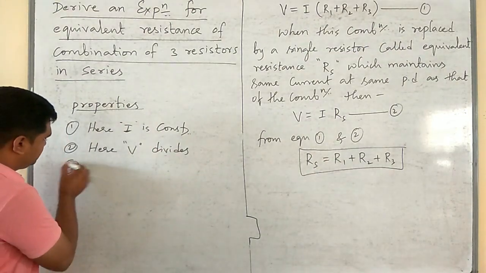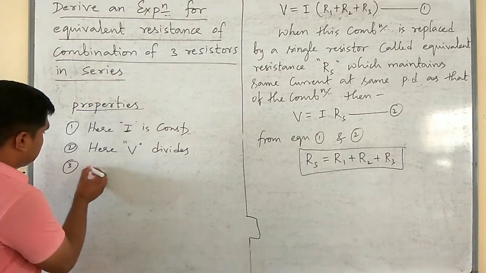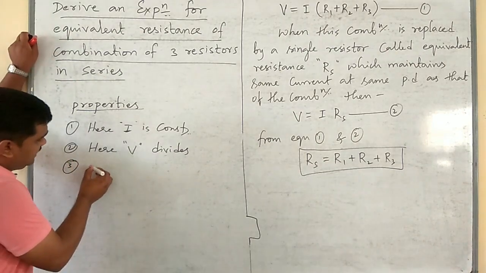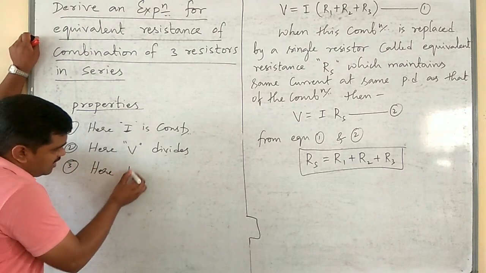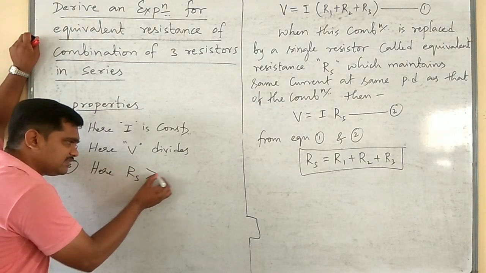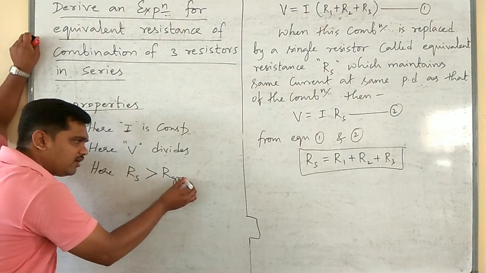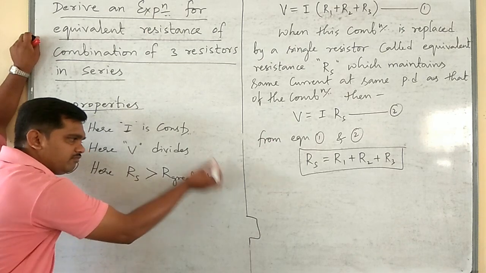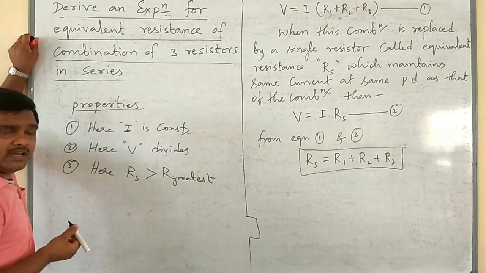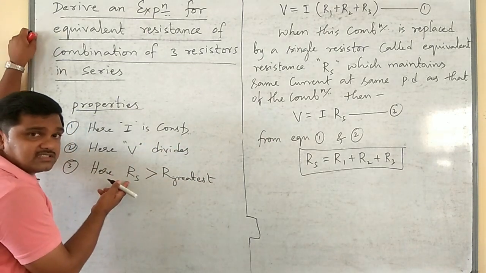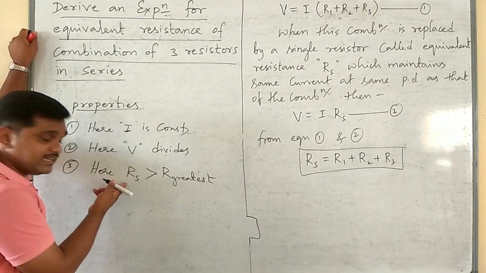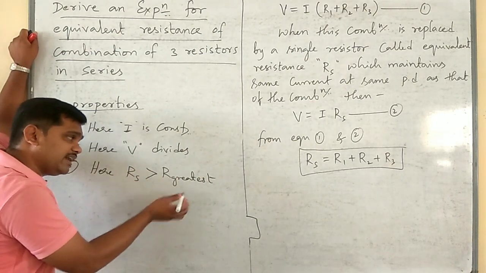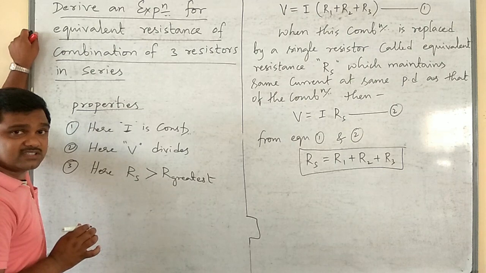Third one, here Rs is greater than the greatest value of R. What does it mean? Effective resistance of three resistors in series is always greater than the greatest value of the resistance present in the circuit.